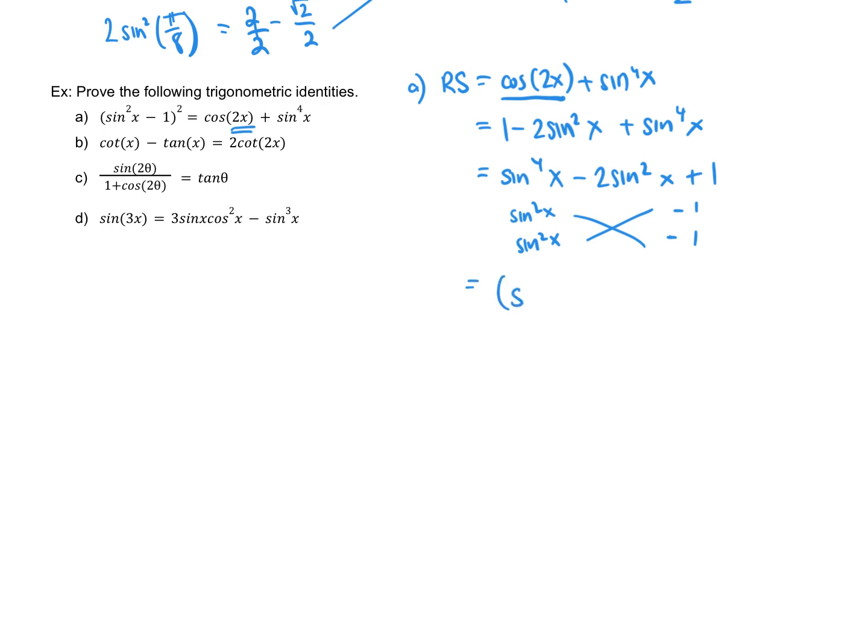So that's just going to be sine squared x minus 1 all squared, and that's exactly what the left side is. So therefore, left side equals right side, QED. That which you wanted me to prove, I have proven. So, concluded. All right, let's try our next one.